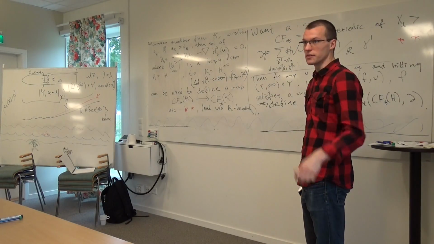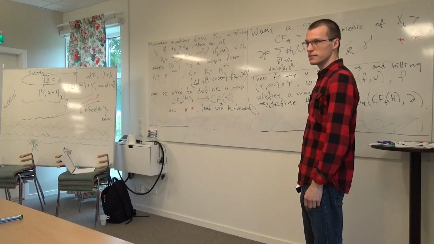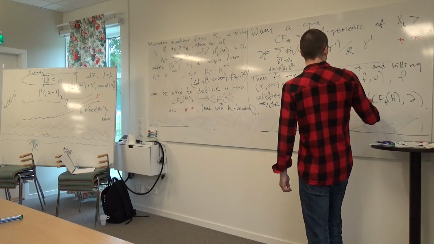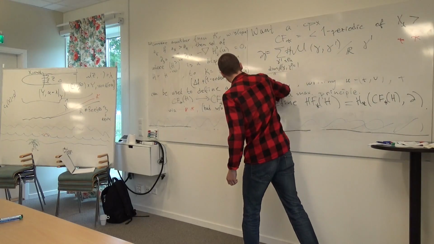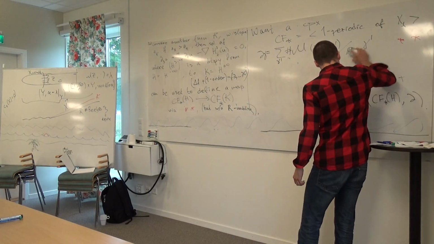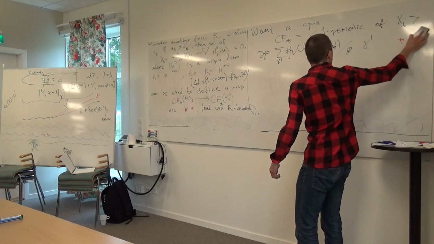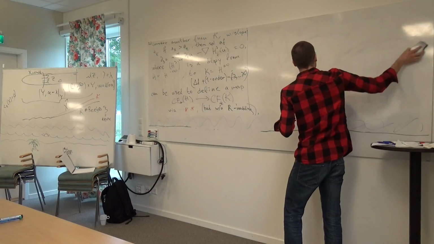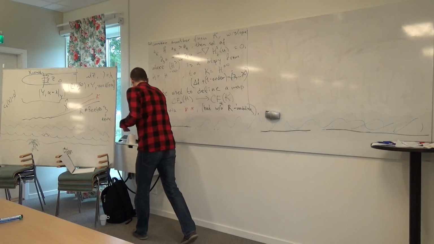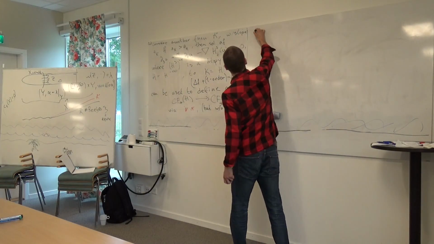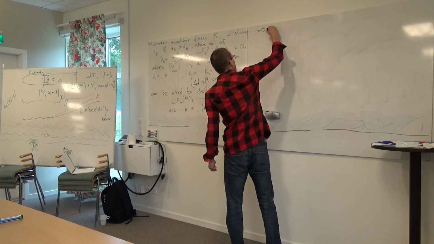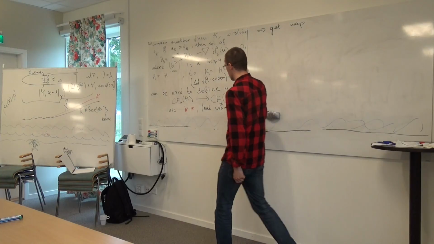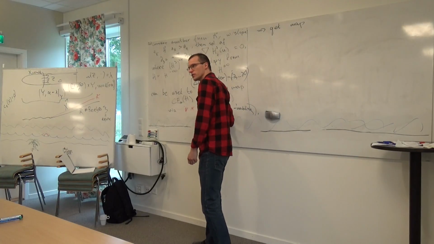More questions on this part? So this, whatever it's called, is a chain map.